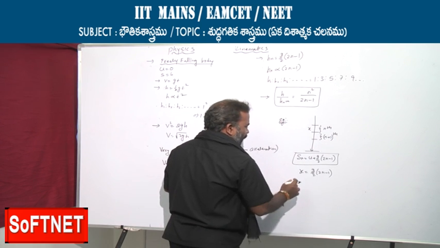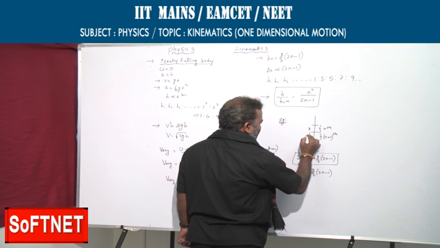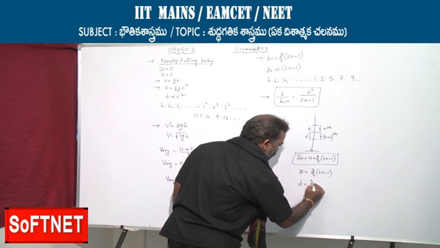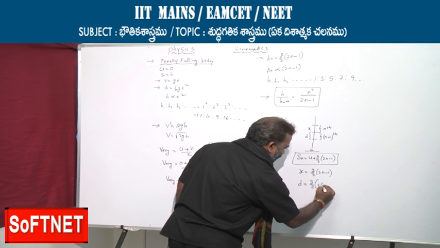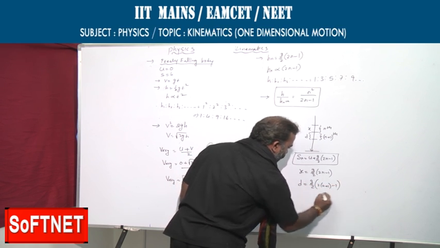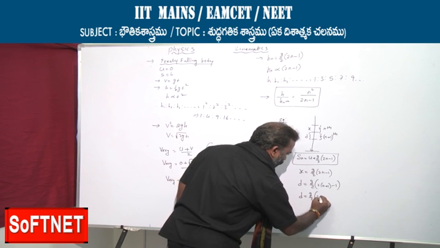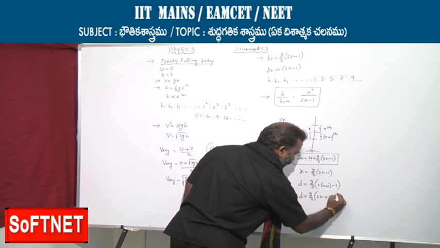Next second we want the distance. Let us say the next second distance is d. So d is equal to g by 2 into, in which second? n plus 1th second, minus 1. So d is equal to g by 2 into 2n plus 2 minus 1.